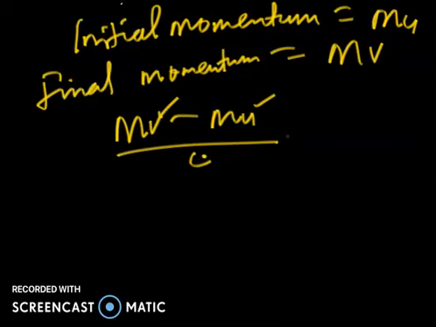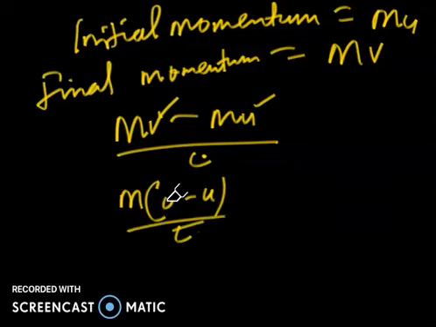This will give us the second law of motion if we manipulate this formula. If we separate the mass of that object, we will simply have m into (v minus u) divided by t. But we know that acceleration is given by v, the final velocity, minus the initial velocity, with respect to time.